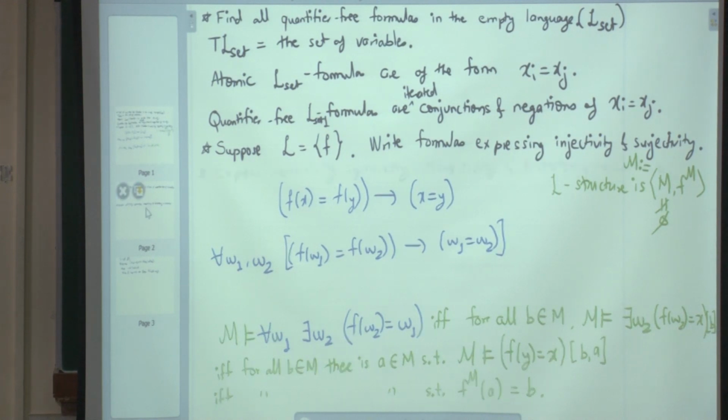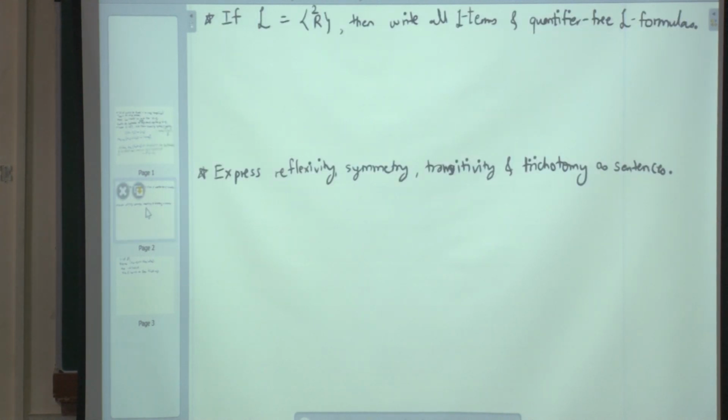So let's go to the next problem. It's again simple. If you are given a binary relation symbol only, I mean like orders or equivalence relations, then write down all L terms and quantifier free L formulas. What are L terms here?